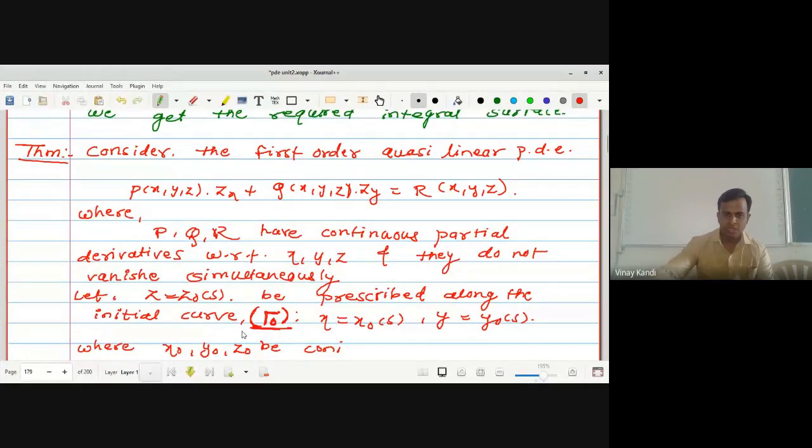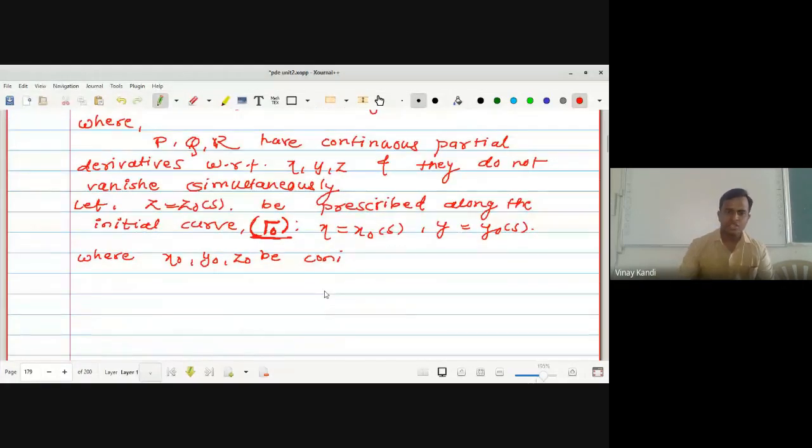Initial curve. So where x naught, y naught, and z naught are continuously differentiable functions, and further this parameter s is running from a to b.